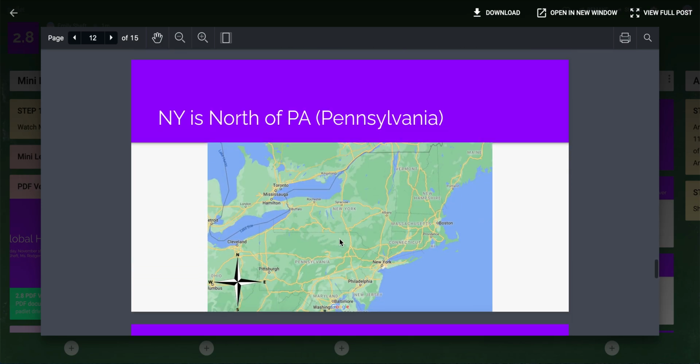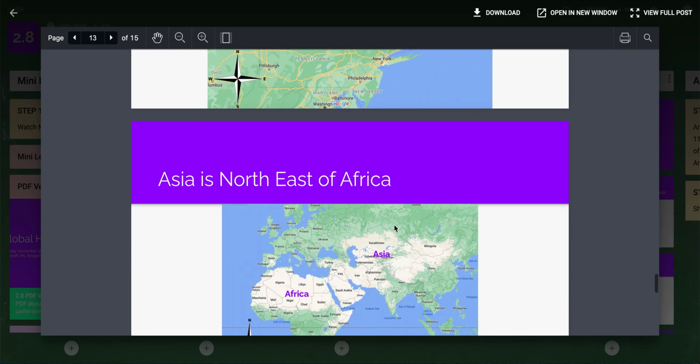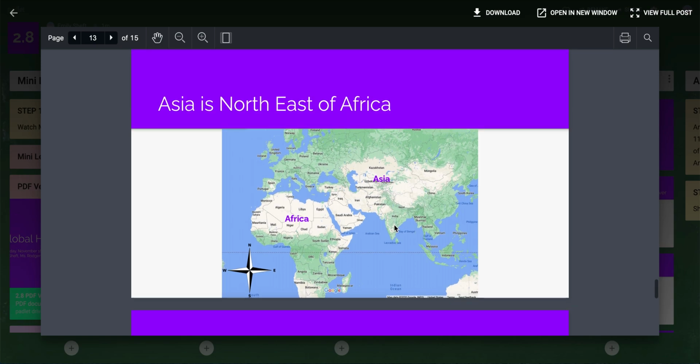Here's another example. The state of New York is north of Pennsylvania. So if we were in Pennsylvania, we would have to go north to get here. And last but not least, Asia is northeast of Africa. So if we were in Africa, we would have to go north and then east.